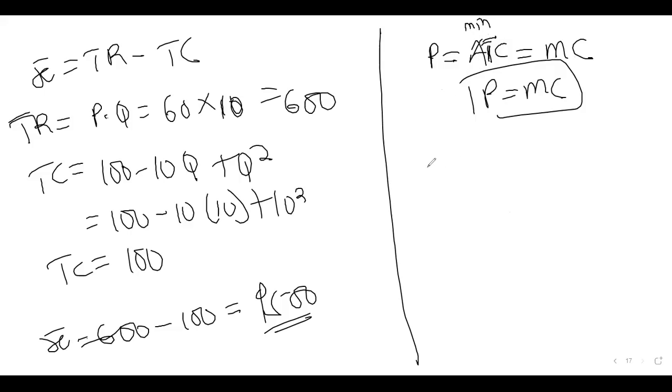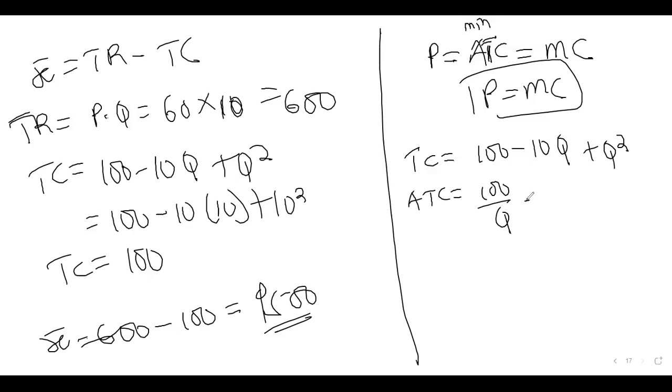Now, the total cost is equal to 100 minus 10K plus K squared. So the average total cost will be 100 over K minus 10 plus 2K. So this is the average total cost.